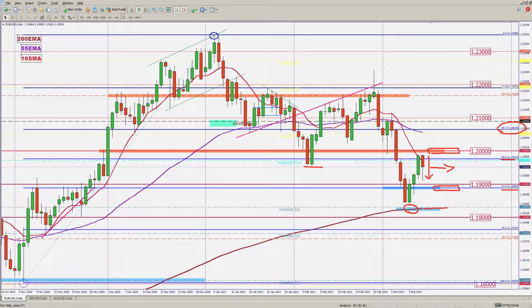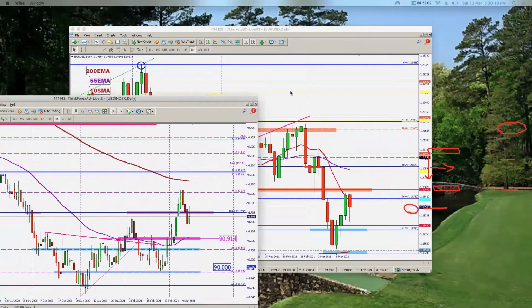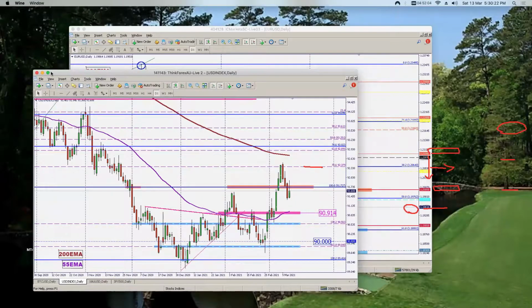All right. Let's also take a quick look at the US dollar index, the DXY.